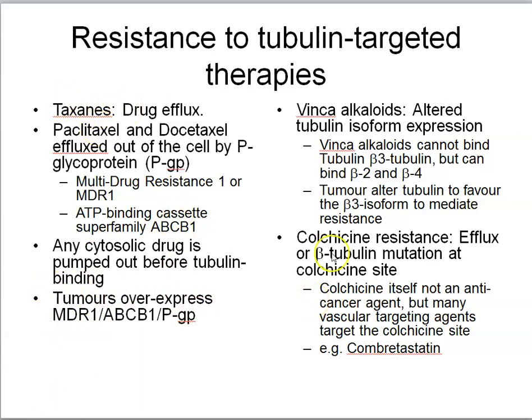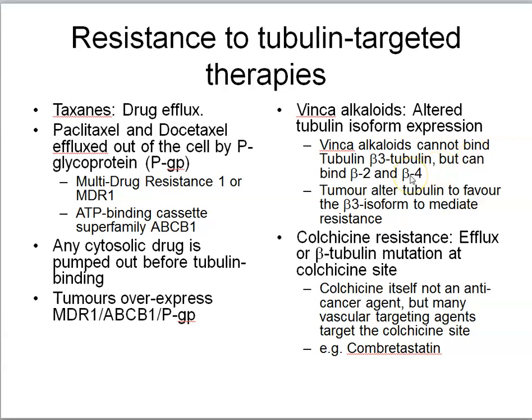With the vinca alkaloids, they only bind to certain isoforms of beta tubulin. So what a tumour can do is, if it naturally expresses one beta tubulin, and these beta tubulin isoforms are expressed differentially amongst different tissues.